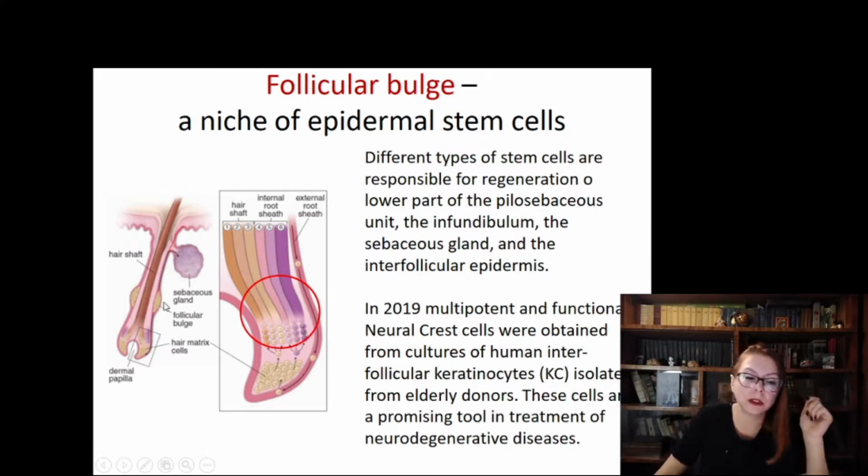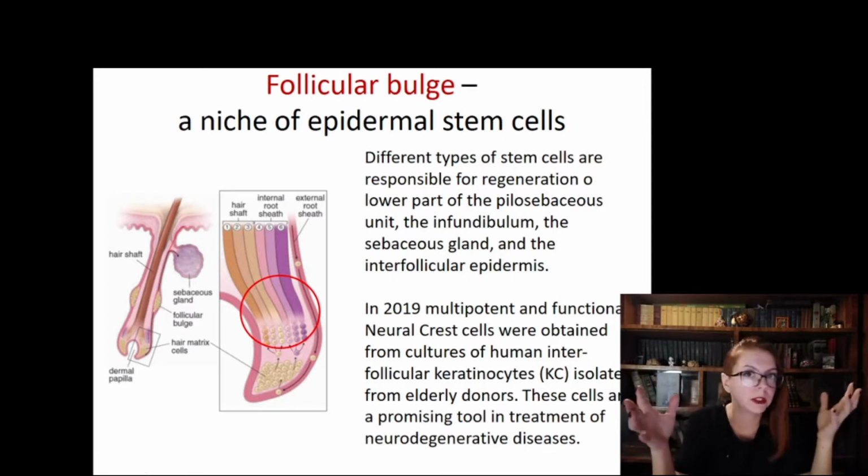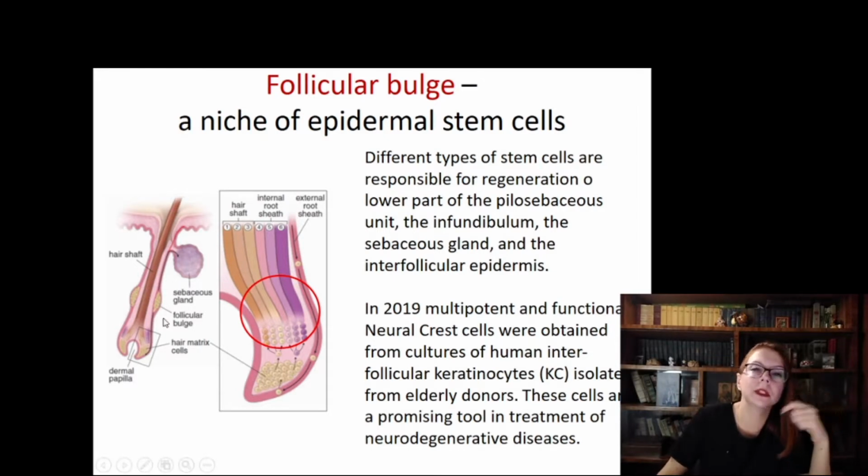Besides, what is especially interesting is that the hair follicular bulge is the subject of scientific interest for regenerative medicine, because here precursors of melanocytes reside. As I told you, melanocytes arrive from the neural crest, and some undifferentiated melanocytes are still present in this follicular bulge.